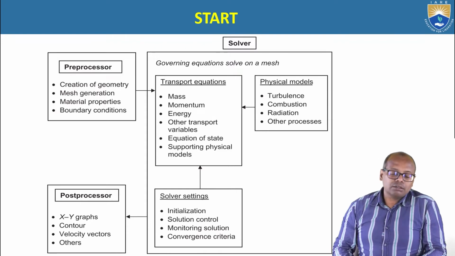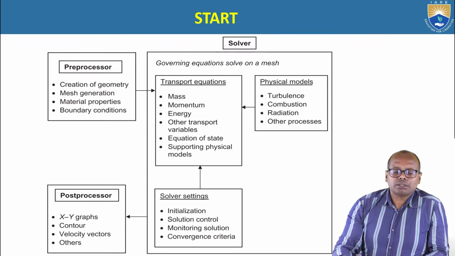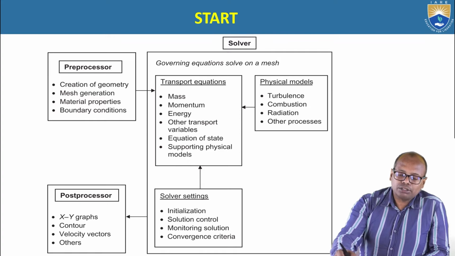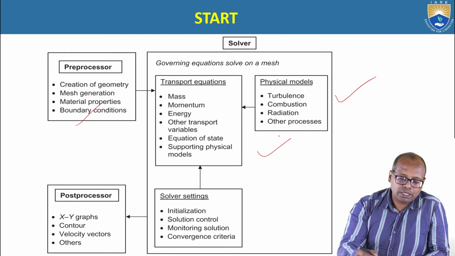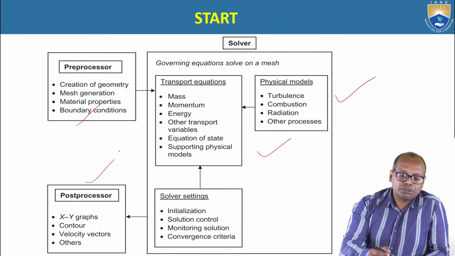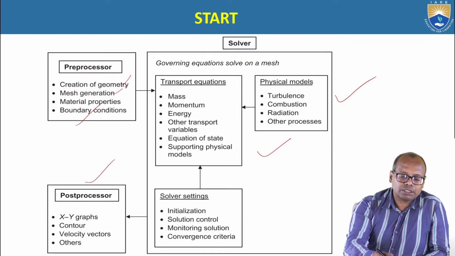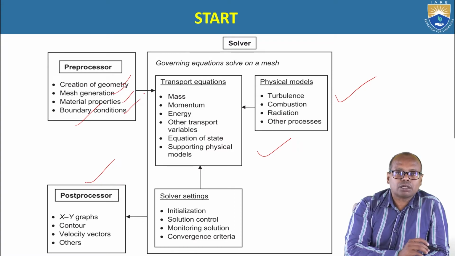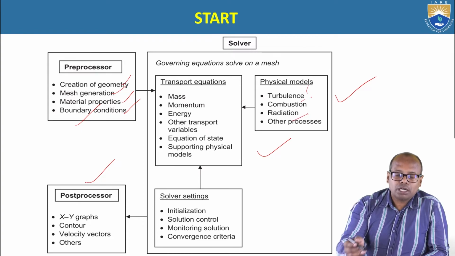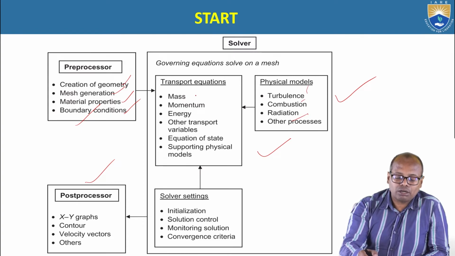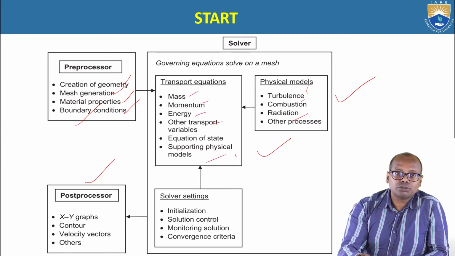If I draw a flow chart type of thing, you can write it like this. This is the pre-processing, this is the solver, and this is the post-processing. In the pre-processing we have seen creation, meshing, properties, boundary conditions, all those things will be given. The solver is the black box. Whatever turbulence models we have imposed, it will take into consideration, and it will calculate all the mass, momentum and energy values.